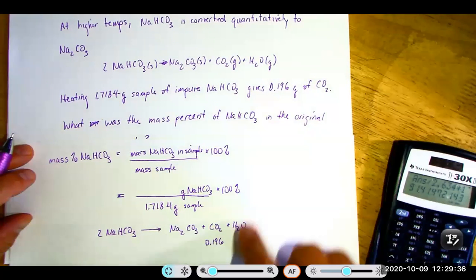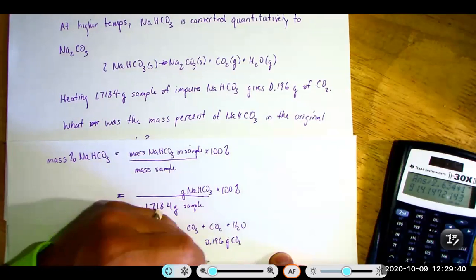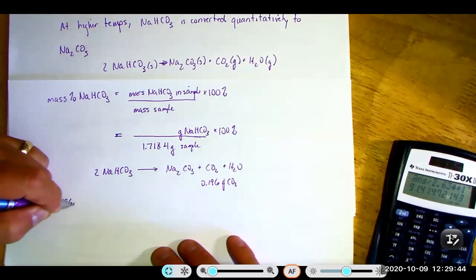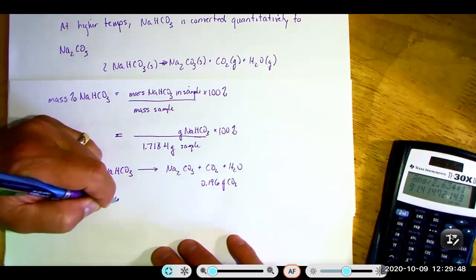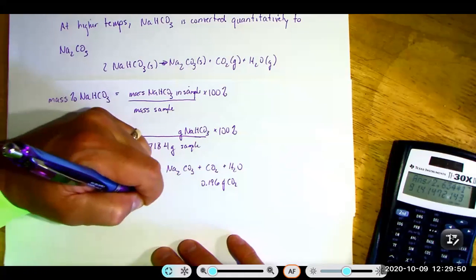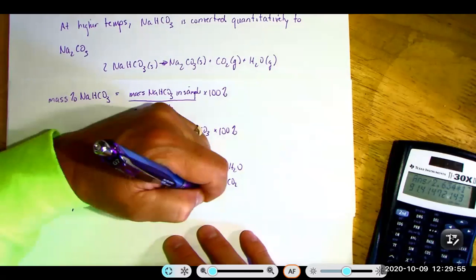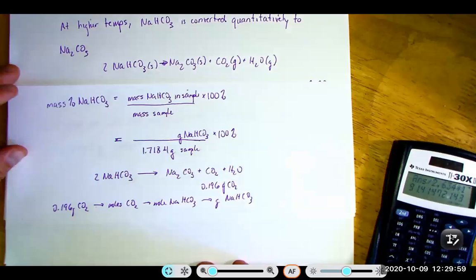So we're going to turn this 0.196 grams of CO2 into moles of CO2, and that into moles of sodium bicarbonate, and that into grams of sodium bicarbonate. Because we're making the assumption that the only source of CO2 from this reaction is from sodium bicarbonate.